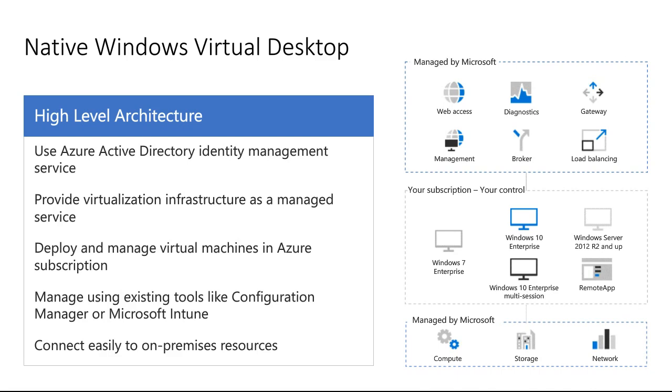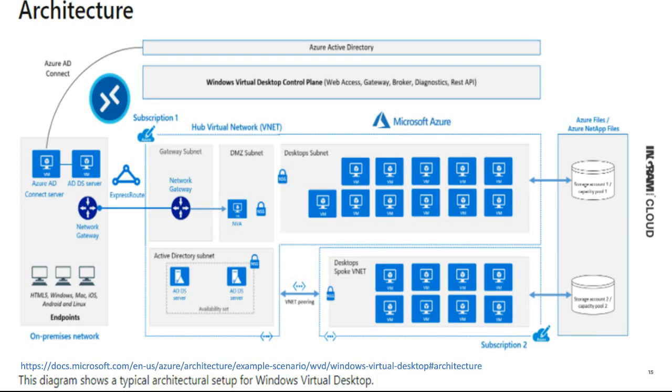This diagram shows a typical architectural setup for an enterprise Windows Virtual Desktop deployment. The application endpoints are in the customer's on-prem network on the left-hand side. ExpressRoute then extends that on-prem network into the Azure Cloud, and the Azure Active Directory Connect integrates the customer's Active Directory domain services with Azure Active Directory. The Windows Virtual Desktop control plane handles web access, gateway, broker, diagnostics, and extensibility components like REST APIs.